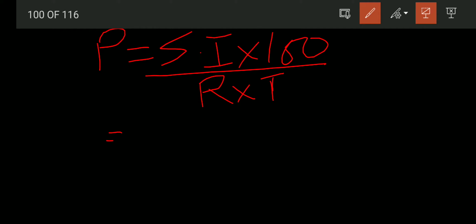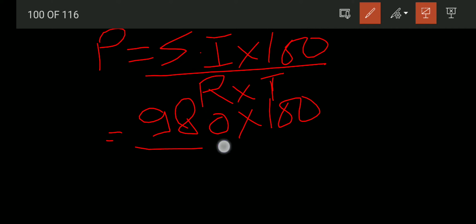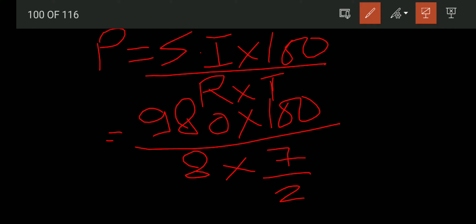SI is 980 into 100, R is 8 into T is 7 by 2. Now what happens? We know that this entire thing is reciprocated. So what will happen? This 2 will become the numerator and 7 will remain as denominator.